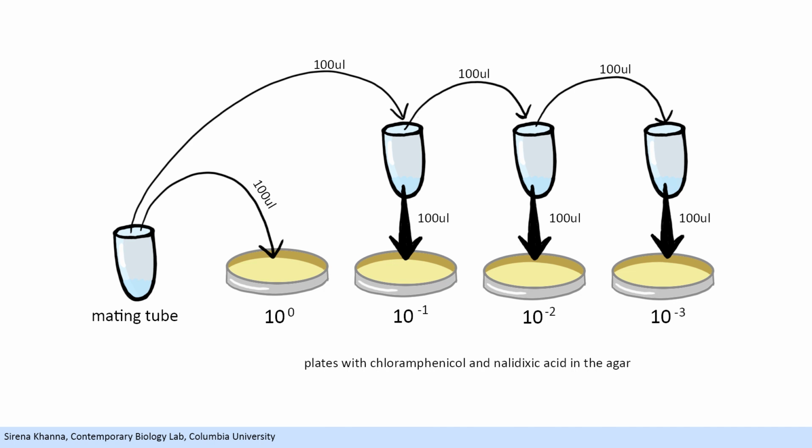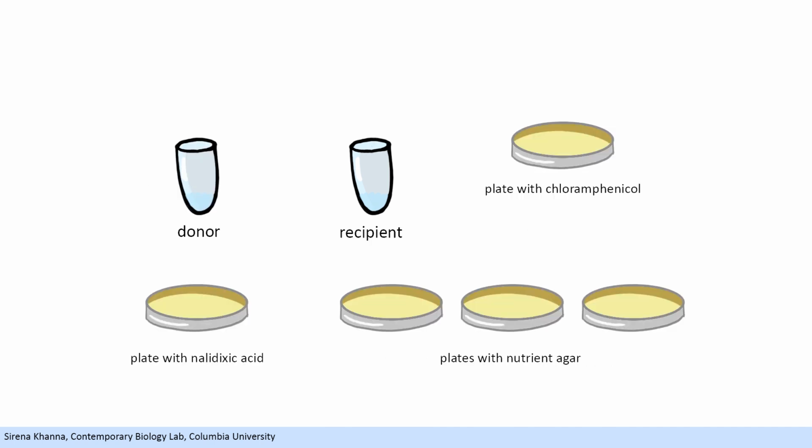A similar process is done for the original donor and recipient strains, but different kinds of agar plates are used. The donor cells are plated on nalidixic acid agar to check that it is not resistant and therefore should not grow, unless some cells undergo spontaneous reversions that suddenly make it resistant. A similar test is done for recipient cells on chloramphenicol agar.